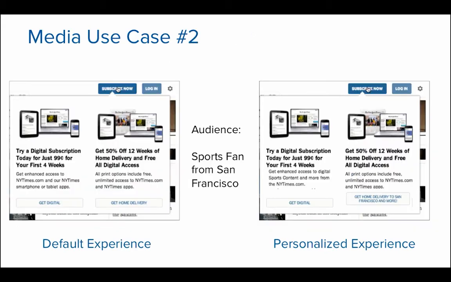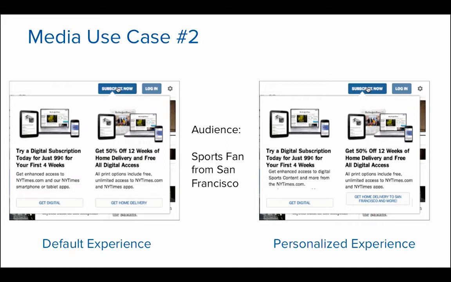Another example in the media vertical is to get users to subscribe, and any B2B business would actually understand this better. So the end goal might be to just get users' email addresses. So in this case, the default experience just shows standard content in terms of how you can subscribe. But as you can see, it doesn't really cater to the particular audience that might be on the site.